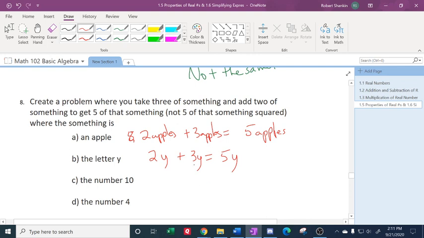Now, let's do it again with the number 10. 2 times 10 plus 3 times 10. By the way, 2 times 10 really means add 10 to itself twice. 3 times 10 means add 10 to itself 3 times.